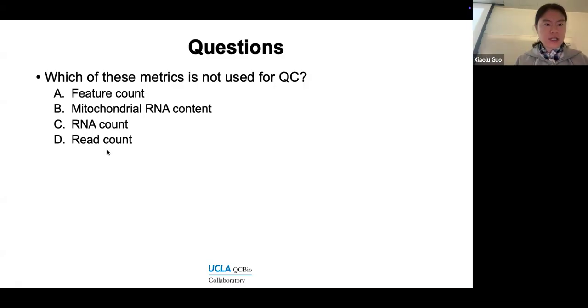And then D is not used for quality control. What is read count? What's the difference between C and D? Read count is how many pieces of RNA got sequenced, after you do the sequencing.